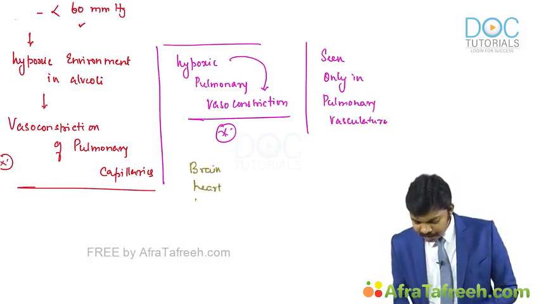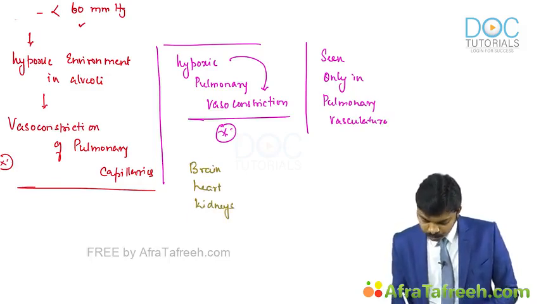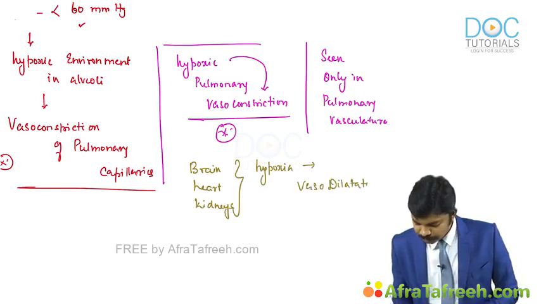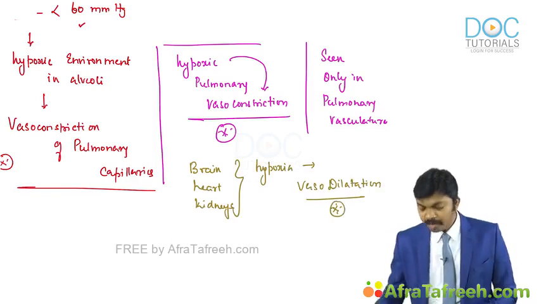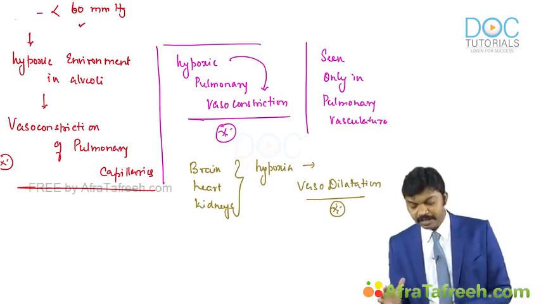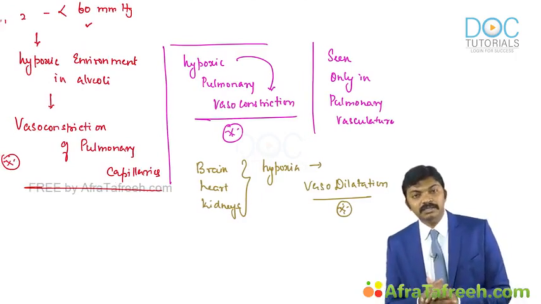In every other major organ, whenever there is hypoxia, there is going to be vasodilatation. Hypoxia produces vasodilatation everywhere except in lungs. In lungs, hypoxia causes vasoconstriction, doctors.